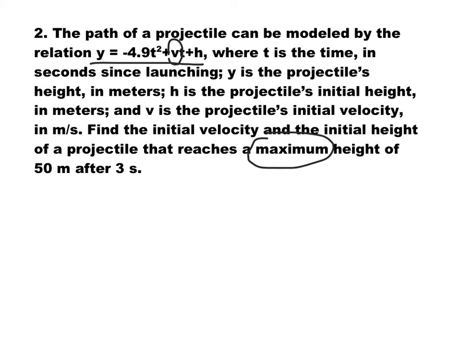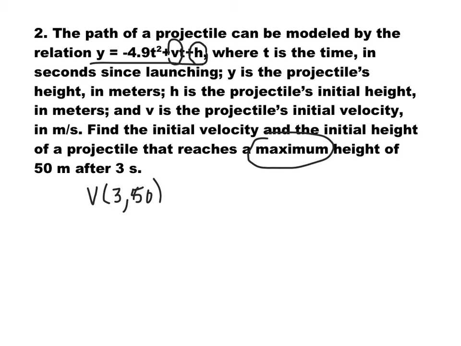So this means that our vertex has the coordinate (3, 50). Now, one thing I have to say is that this problem is a little bit confusing because this parameter here is called h, and this h is not the x-coordinate of the vertex. So keeping that in mind, I know that the vertex has the coordinate of (3, 50).